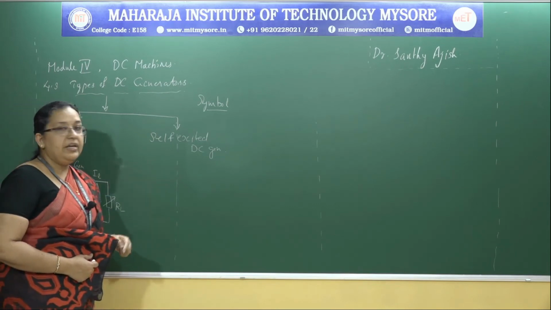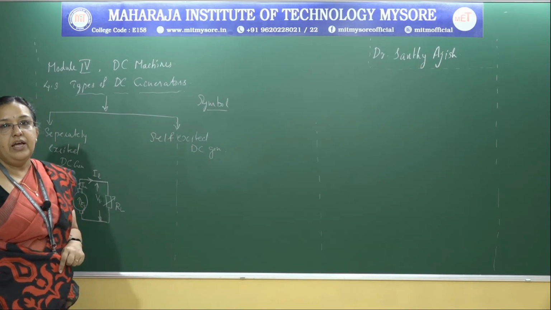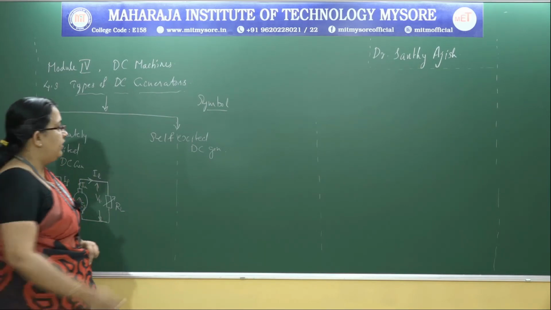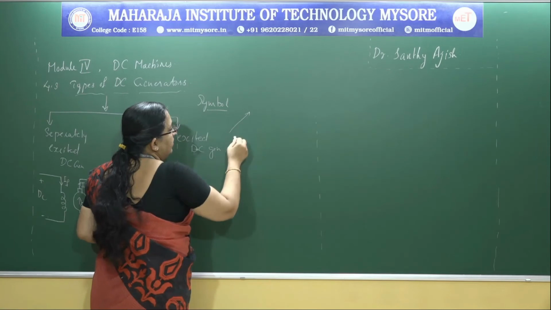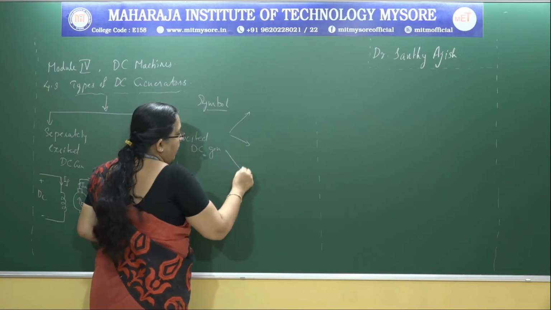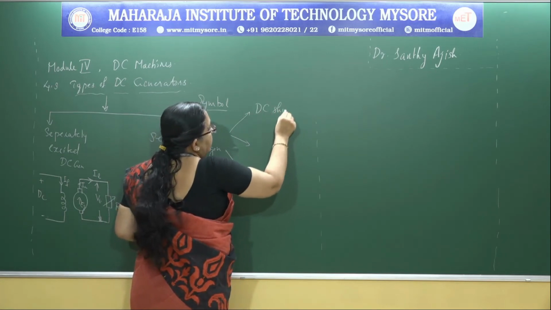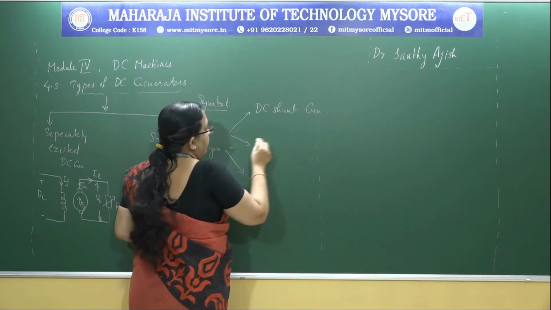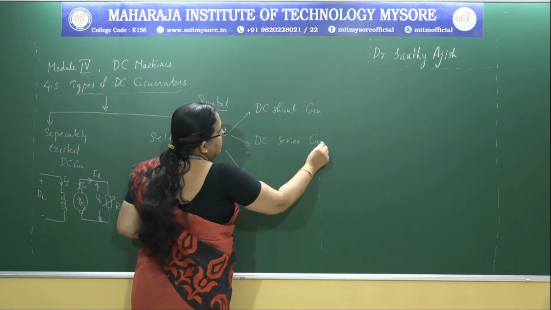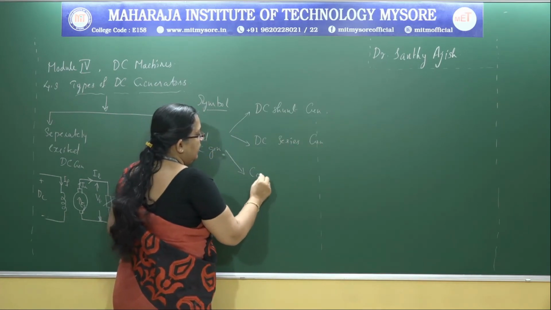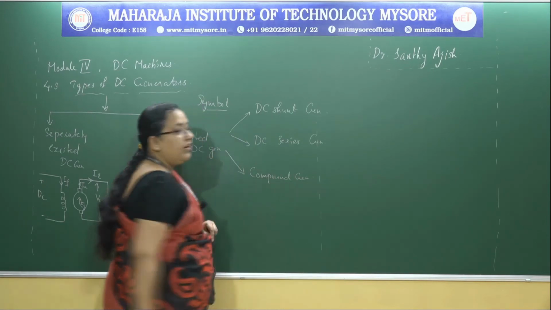Now coming to self-excited DC generators, you can have different types of connections of the field, and accordingly they are classified. So self-excited DC generators can be classified as DC shunt generator, DC series generator, and DC compound generator.